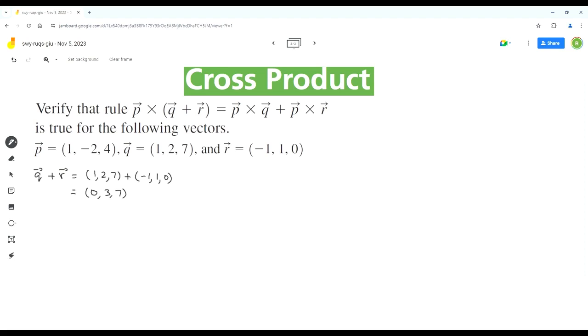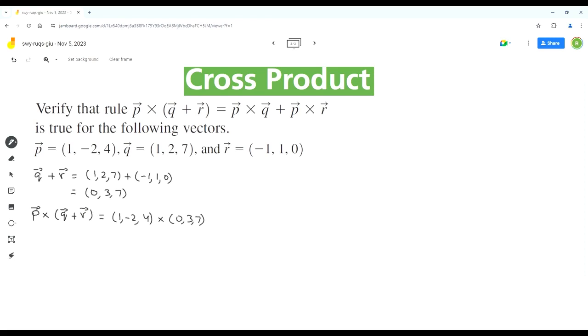Now we'll do the cross product for P and this vector we got for the sum of Q and R. So we have to do this cross product.